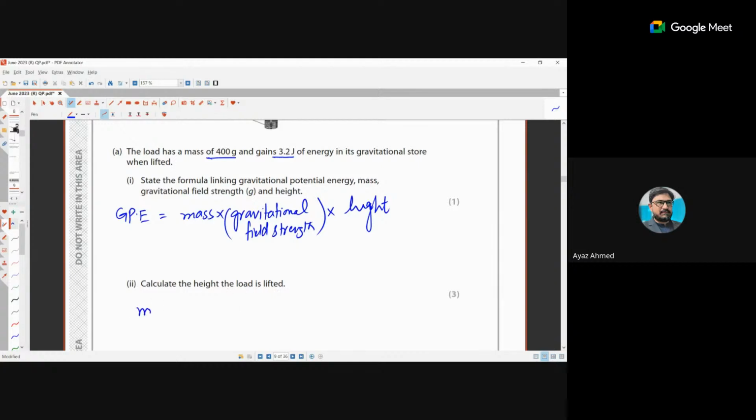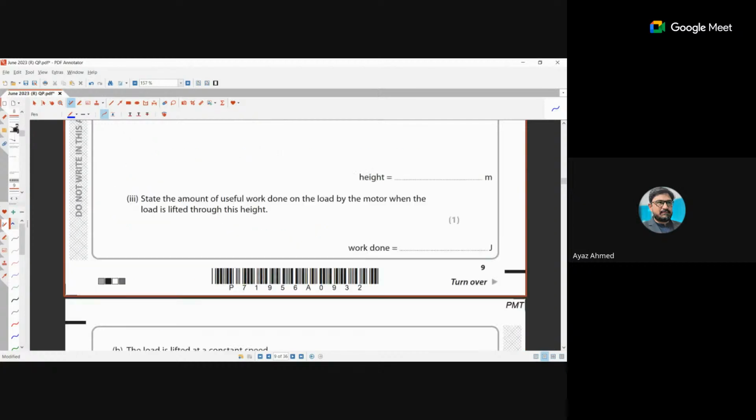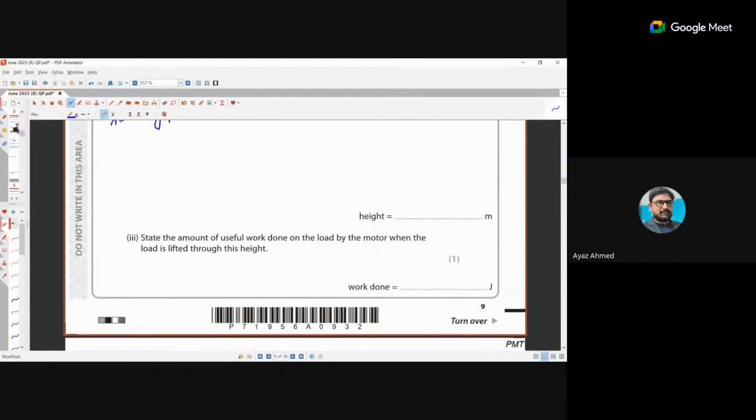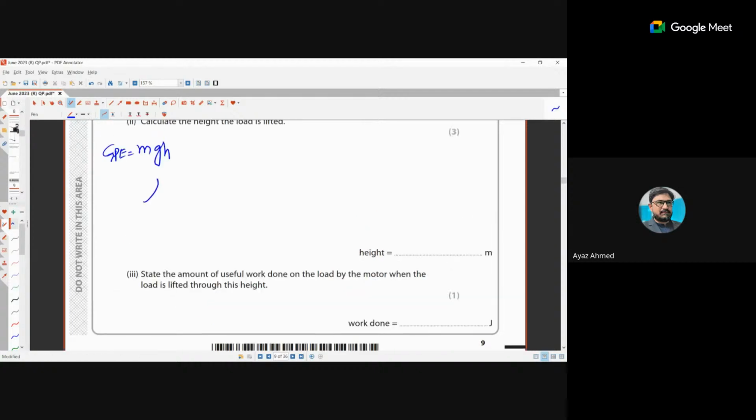That is, I will use that GPE equals mgh. This is just to rearrange that all, not a big issue. So once I'm going to rearrange this all, that will give me a formula. For example, now height is equal to gravitational potential energy divided by mass times value of g.